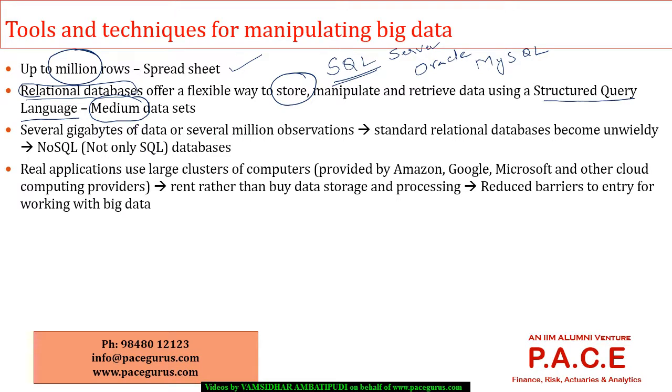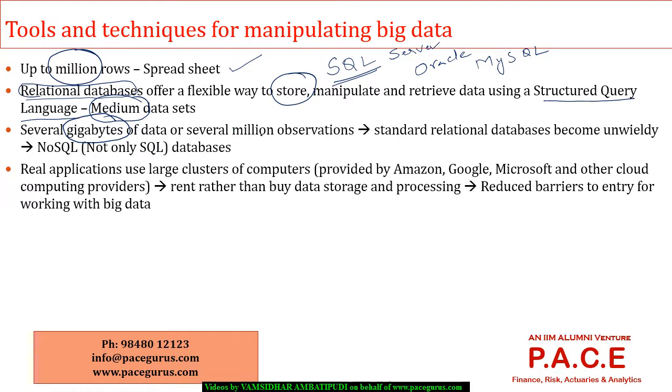Now things are changing. We are talking about not simply gigabytes of data, we are moving on towards the petabytes as well. Terabytes, petabytes. So the data is growing day in and day out.